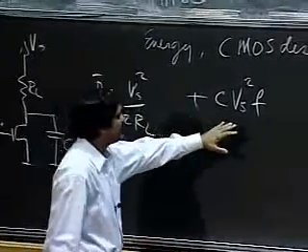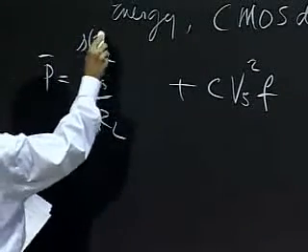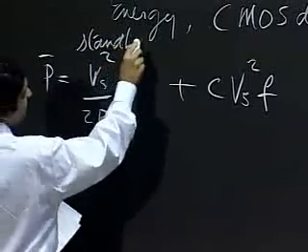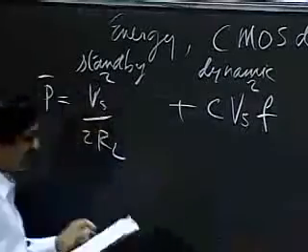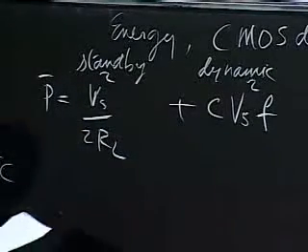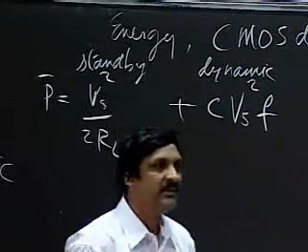It's related to the frequency at which you clocked your circuit. So this was related to standby power, and this to dynamic.